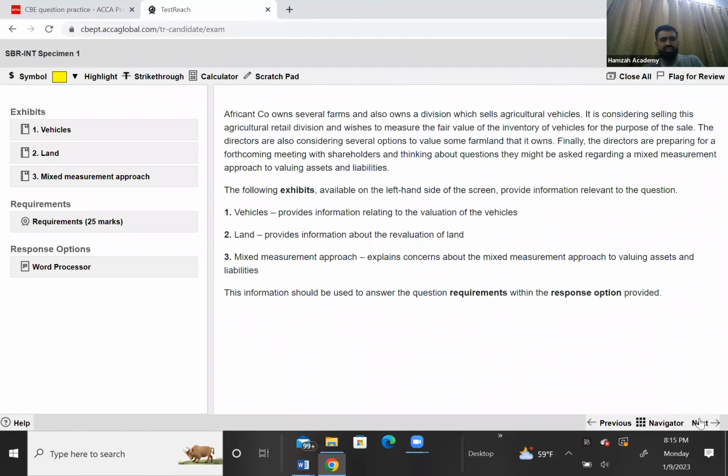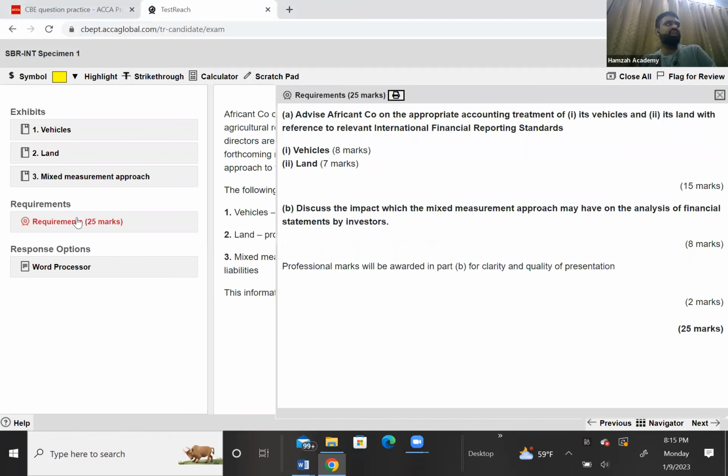Again, you can see the same structure: exhibit, requirements, and in this question, again, we have only one response option to answer the question, that is word processor. That means in this question also, little calculation would be involved. As you can see, read the requirement: advise the African company on appropriate accounting treatment of its vehicle and its land with reference to the relevant international financial reporting standards.